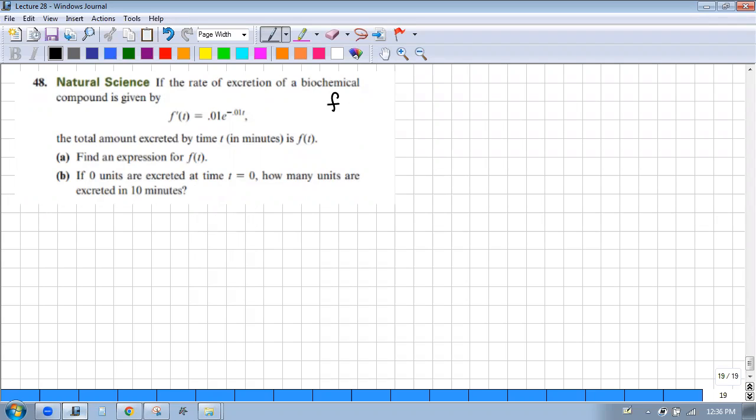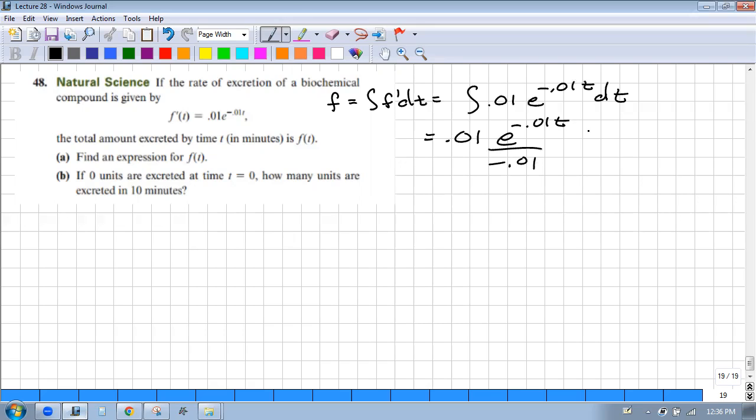Okay, well, little f is the integral of f prime, the integral of 0.1 e to the minus 0.01t dt, which is 0.1 e to the minus 0.01t divided by minus 0.01. Those would cancel, so it's just negative e to the negative 0.01t plus a constant. That's an expression. So that's part A.